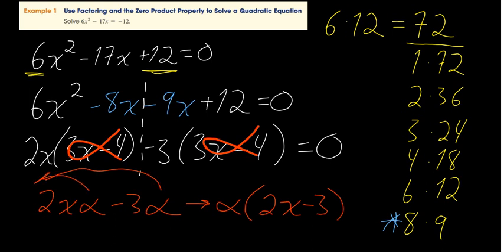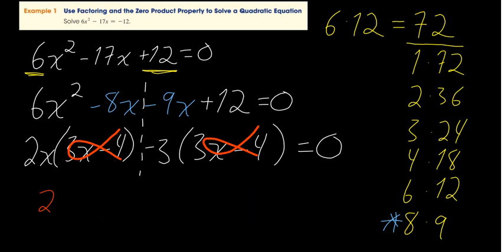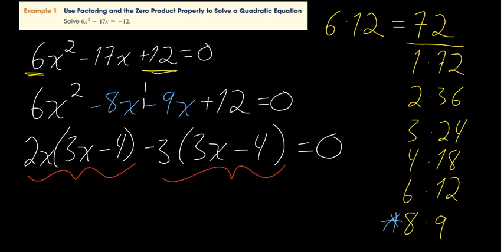Now, I chose alpha because I feel like for y, I would have to really stretch it. But anyways, alpha being the variable, I could factor the alpha out of both. And so that's essentially what we're looking at. In both of these terms, if I were to get rid of this dotted line, you can see that both the first term and the second term have the 3x minus 4, so I can factor it out of both of those terms.